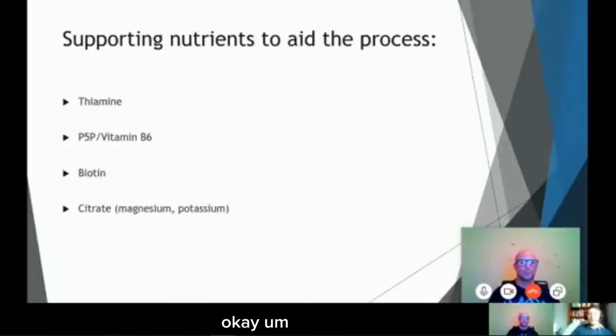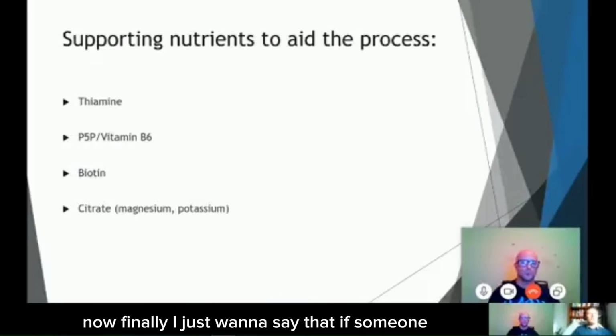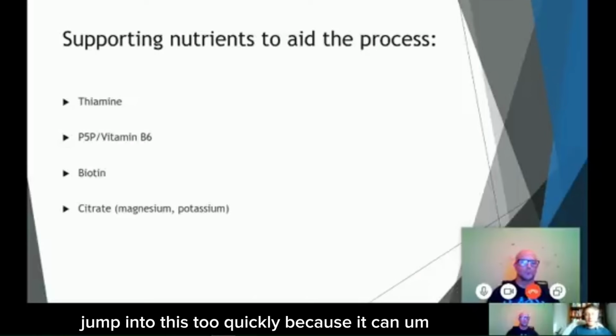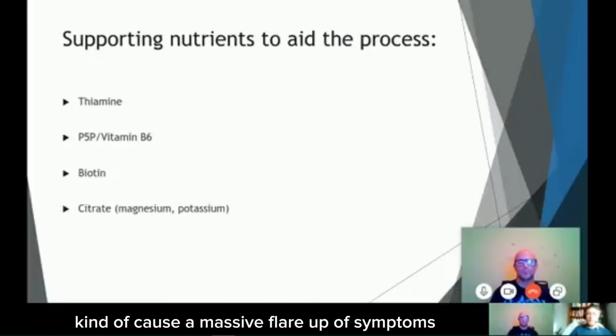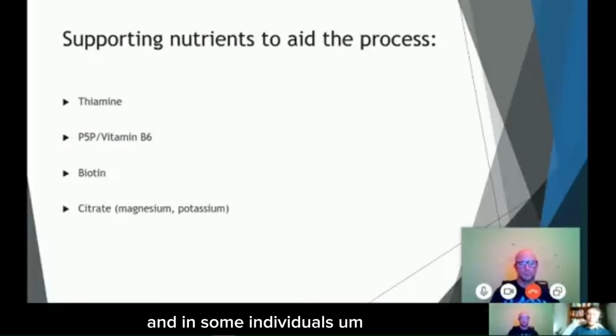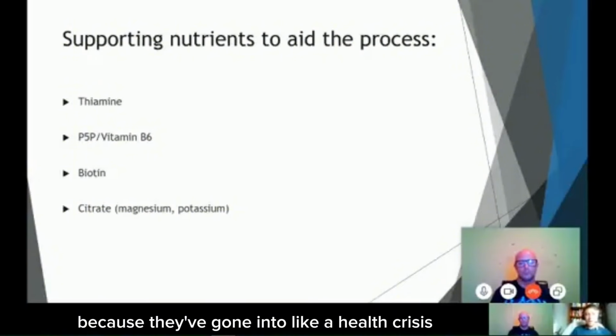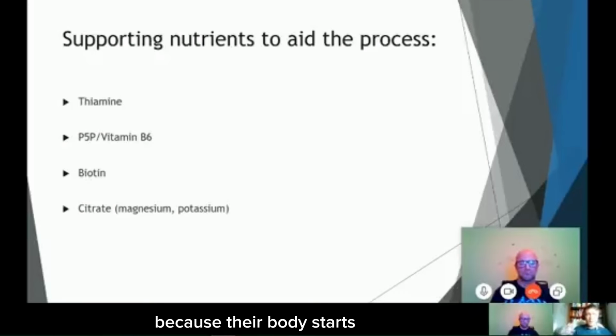Now, finally, I just want to say that in the oxalate community, it's generally not advised for people to jump into this too quickly, because it can cause a massive flare-up of symptoms. In some individuals, I believe they have actually been put into A&E because they've gone into a health crisis because their body starts dumping so many oxalates really quickly.